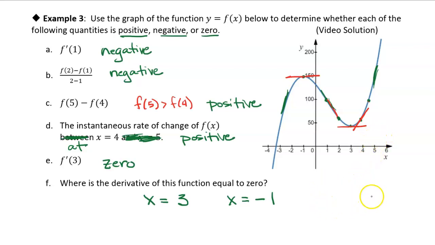Now, there is another type of point where you can get a 0 slope, where it could flatten out and then increase again, right? And at this point, it would be 0. We don't have any cases like that in this example.